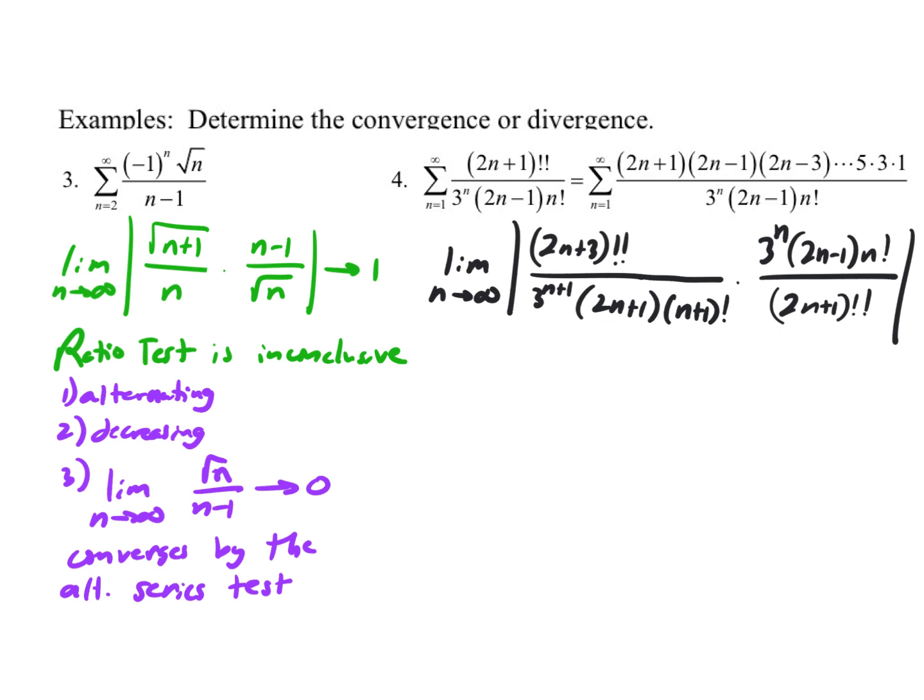Oh, let me explain where this came from. Okay, this right here. So since 2n minus 1 is the term that we started with, we have to go like this. That is the next term. Right? So when I sub in the n plus 1, it goes right in here for n. And when we simplify this, this is 2n plus 2 minus 1.